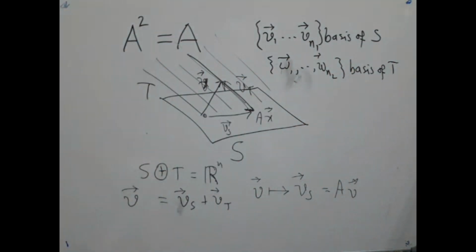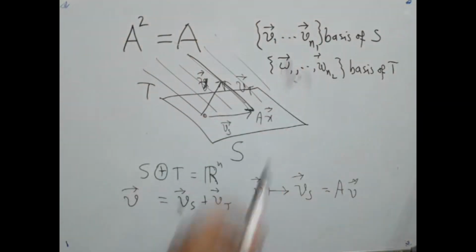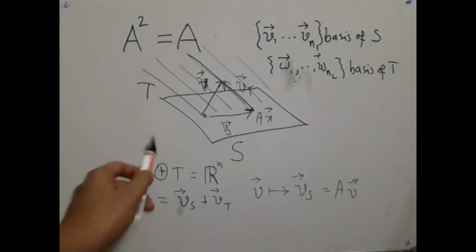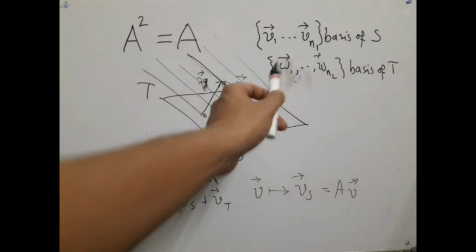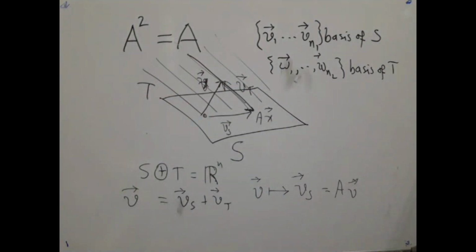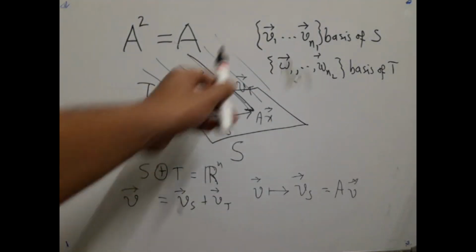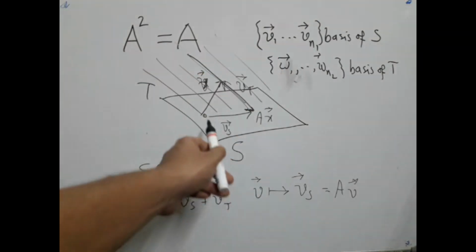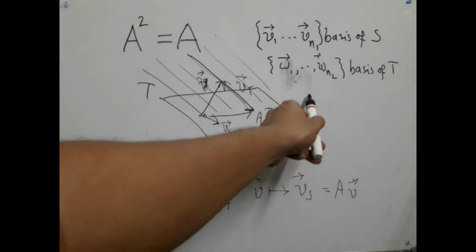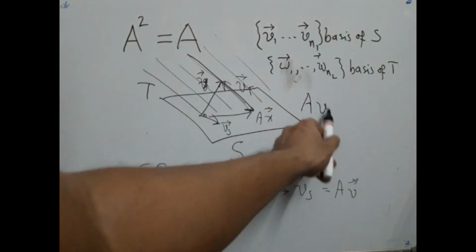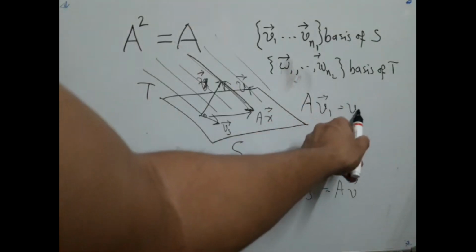So if I put them together, I get a basis of the entire space, because these things are all linearly independent of these things because of this direct sum relationship. Now just observe that all these things must be eigenvectors, because if I try to project v1, since it already lies on my screen, its projection will be itself. So Av1 must be equal to v1.